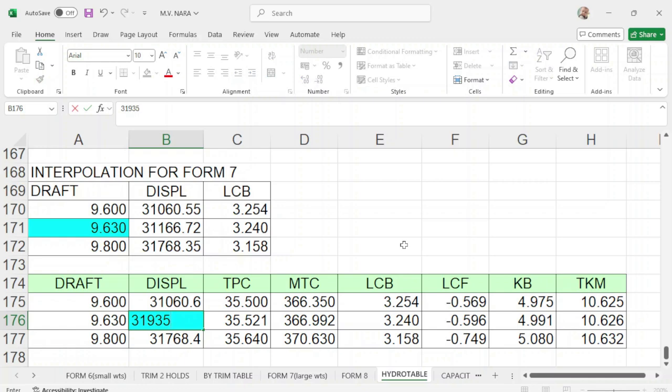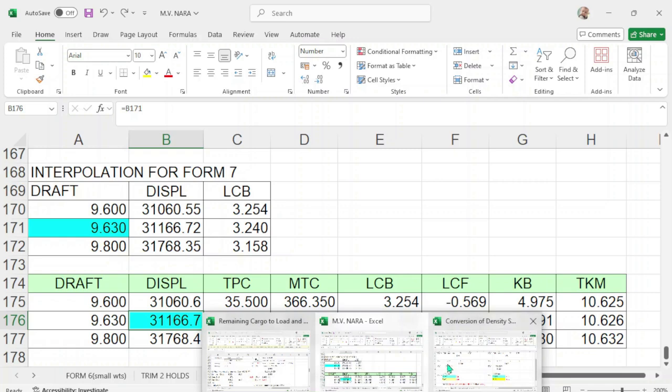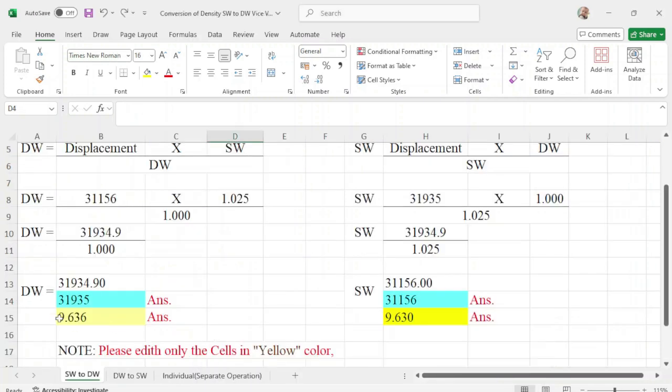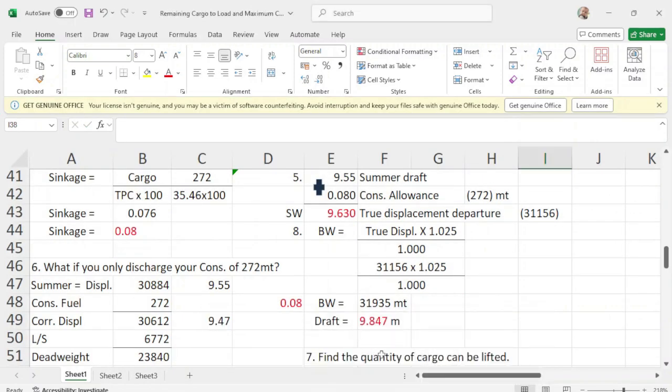The corresponding drop is 9.847. Okay, so 9.847, which is the same as this one, 9.847.